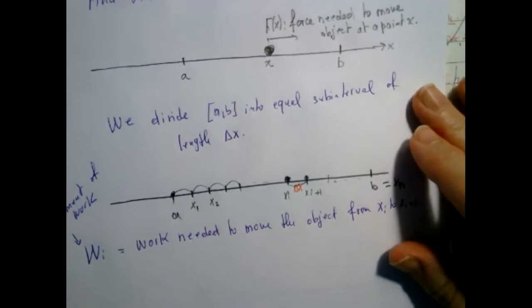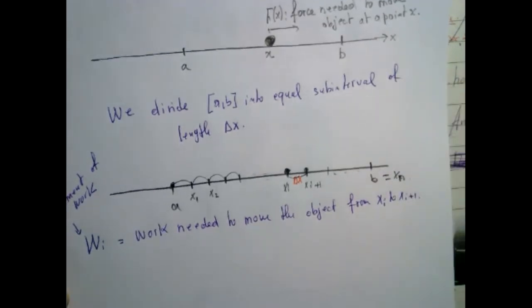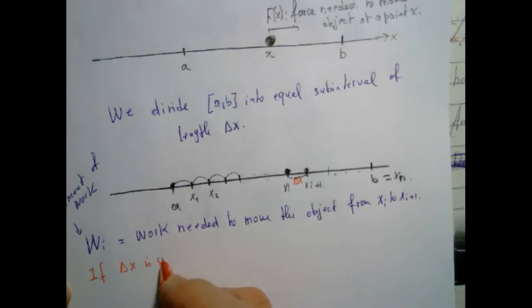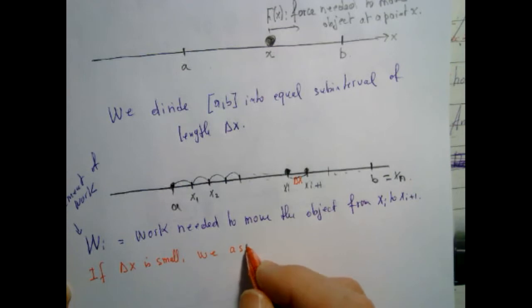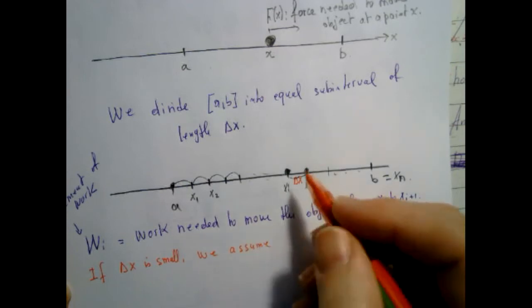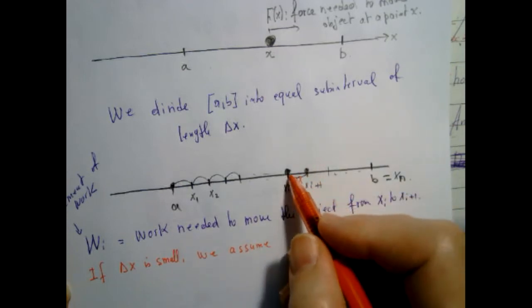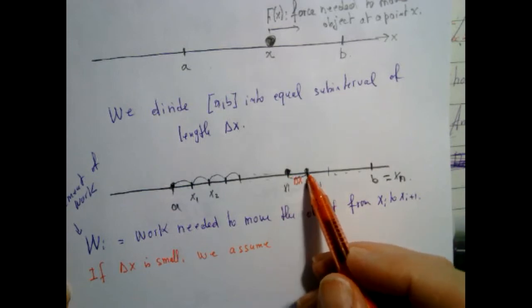So what I'm going to assume is the following. That's my main assumption. If delta x is small, which delta x is going to be small, we're going to assume that the force needed to move the object from here to here is actually not changing.